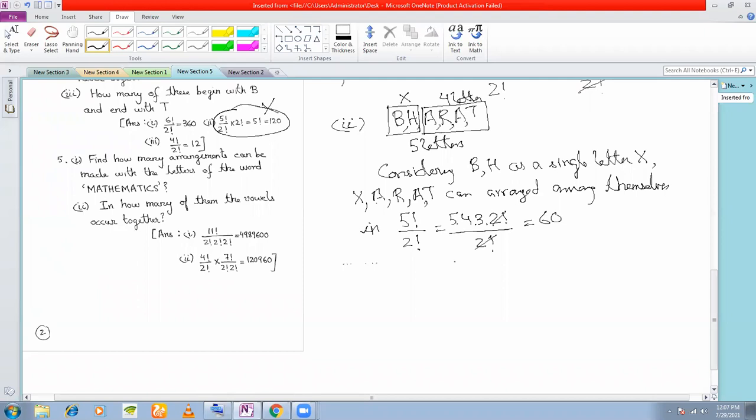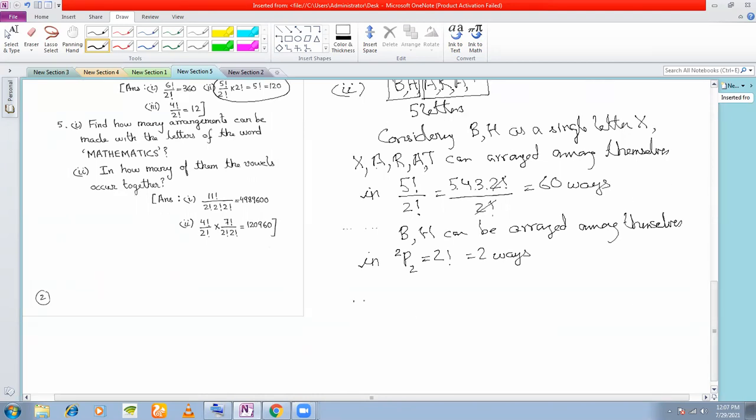So this is the, now see B and H can be arranged among themselves in how many ways? 2P2 ways, right? Factorial 2 equal to 2 ways, right? And this is 60 ways. So therefore, number of ways in which B and H are always together.